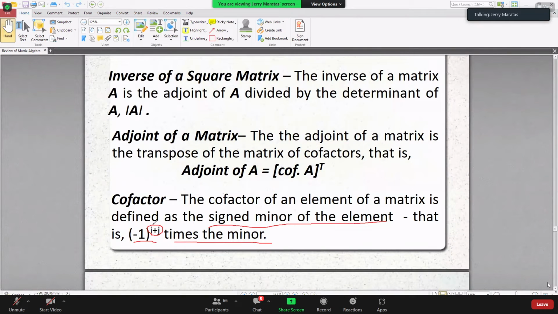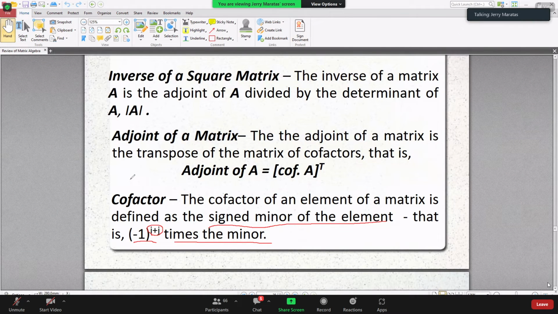Here i and j stand for the row and column, so it also depends on the location of your element. In other words, as far as the value is concerned, it is equal to the minor of the element, only it could have a different sign depending on the location of your element.